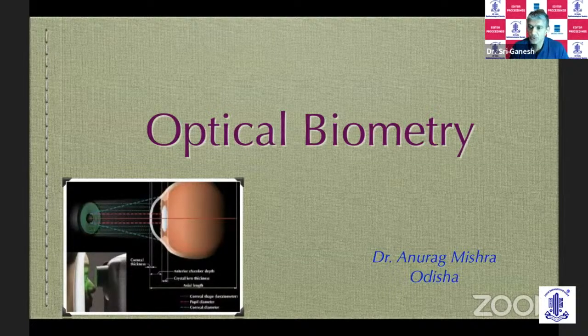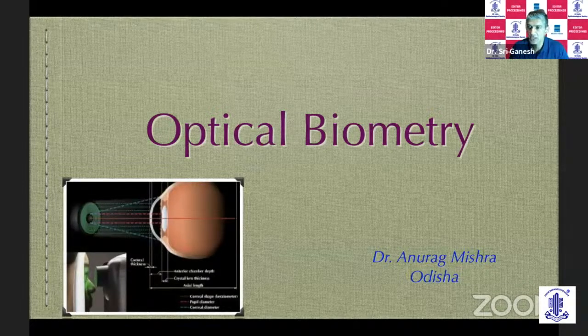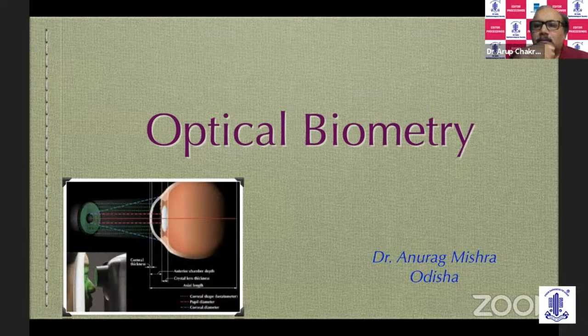And because of this, you cannot really use the same A constant. So if you're putting in the value of the axial length from the ultrasound biometer, then you have to change the A constant when you're doing the calculation. So that's just a point I want to make.